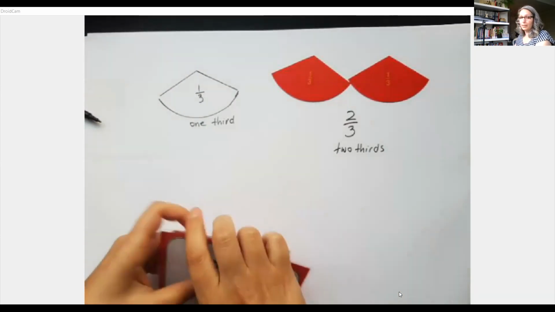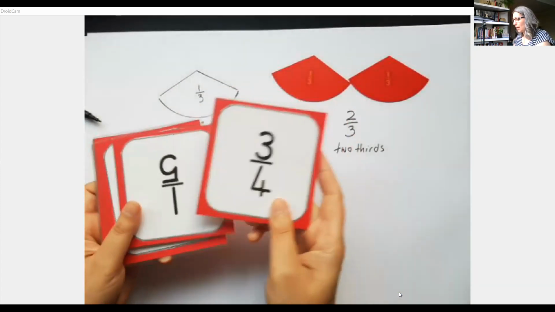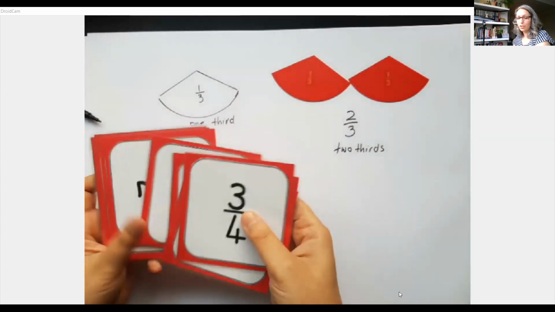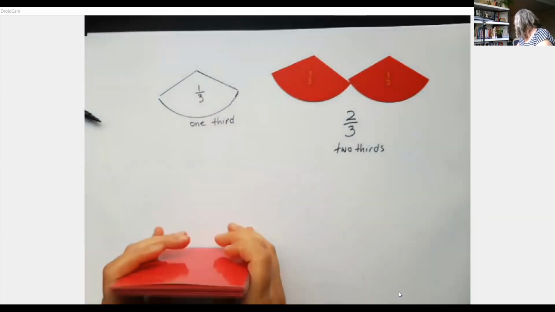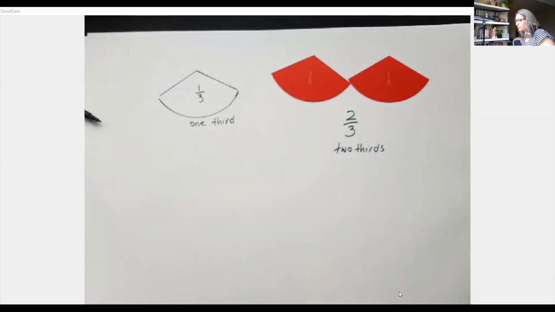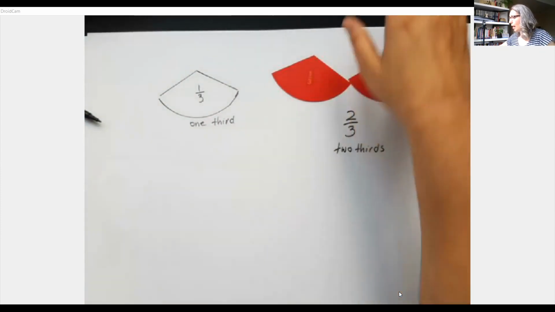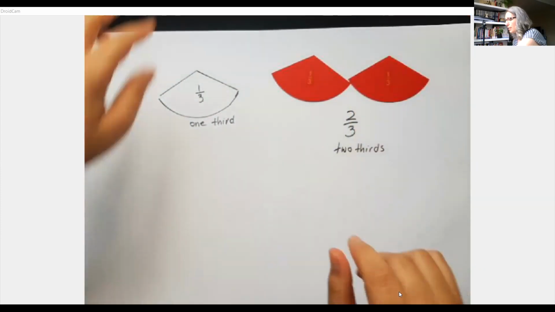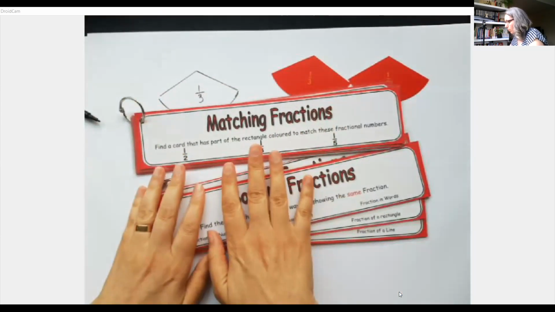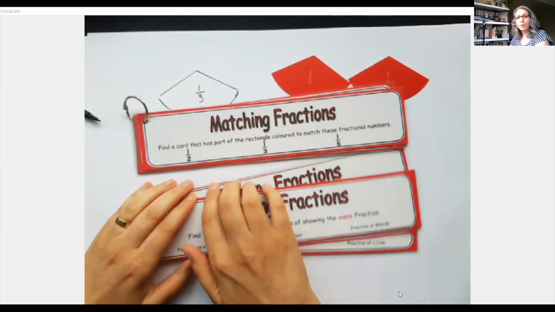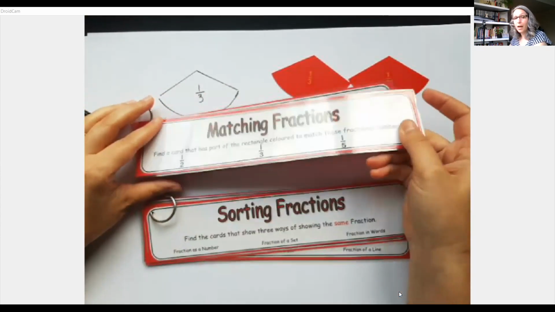So then there's my other set of cards that will include more than just the unit fractions that they might want to just take with them and play another game. On top of those cards, I also have activities that will go with them, where they actually have to match. Now we start doing activity task cards.